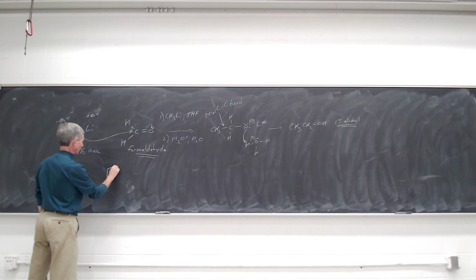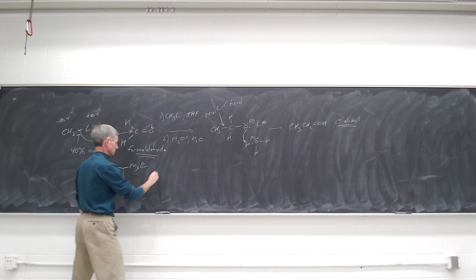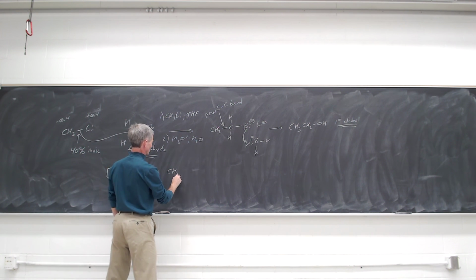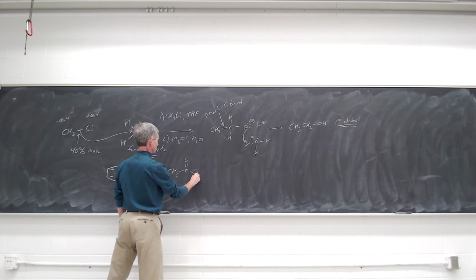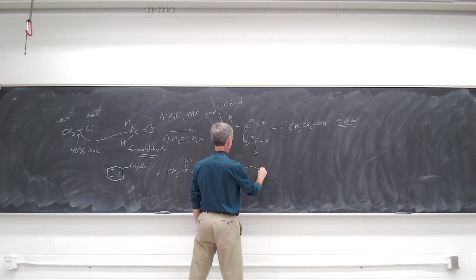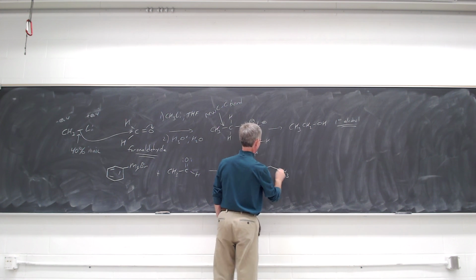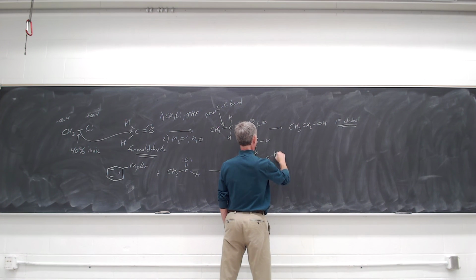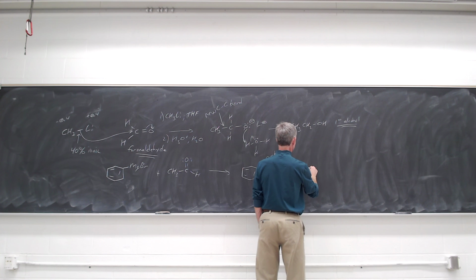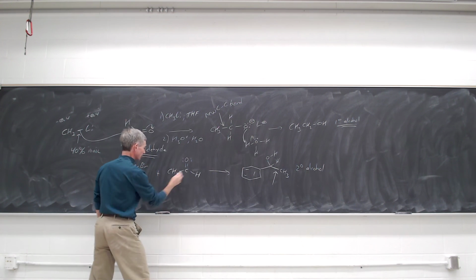If we use an aldehyde and an organometallic, the product will be a secondary alcohol. In this case, acetaldehyde.